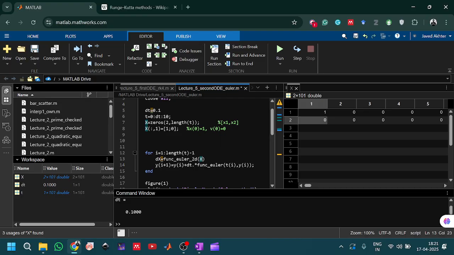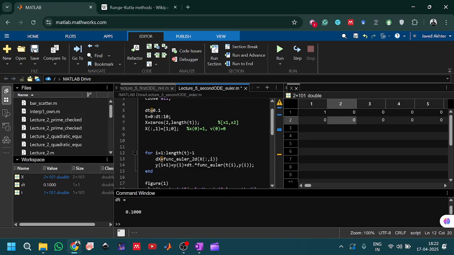Here you have yi, so you will pass values of all the rows. You want to pass the position and velocity both, and you want to do it for the ith column.